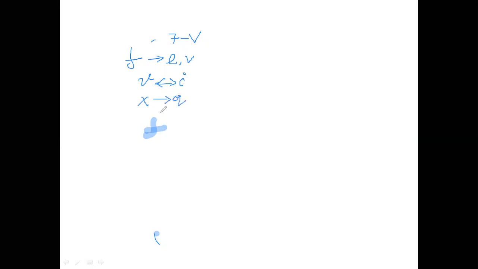The force should be replaced with the voltage E, or it can be represented as V. This is for force voltage analogy, so you can write it as FV. Similarly, the velocity V should be replaced with the current I. Similarly, for displacement x, the corresponding quantity is charge q in the case of force voltage analogy.